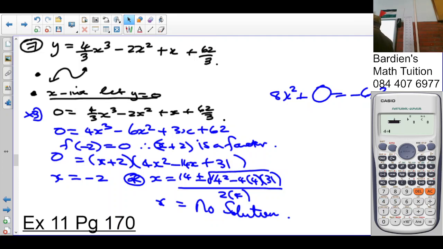I put 4 over 3, negative 2, the 1, 62 over 3. I got negative 2 and that base. You see there's an I next to it. That says that the root is imaginary, which means non-real to us. So it's imaginary roots.